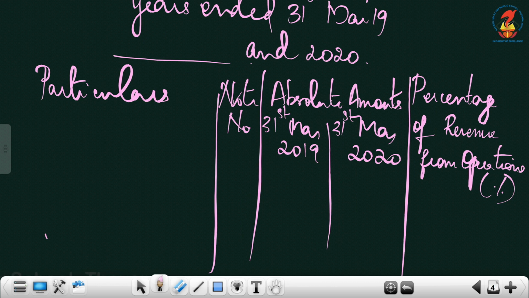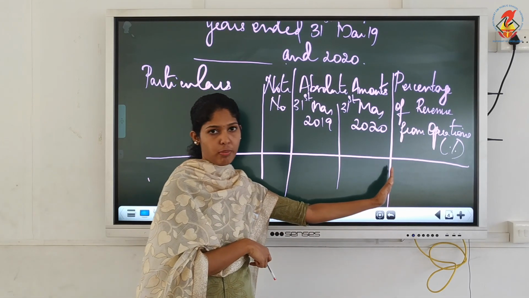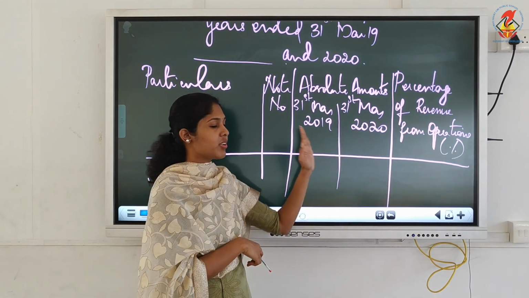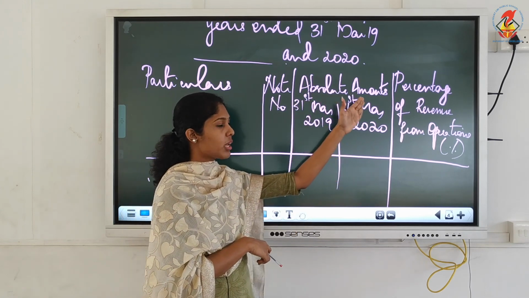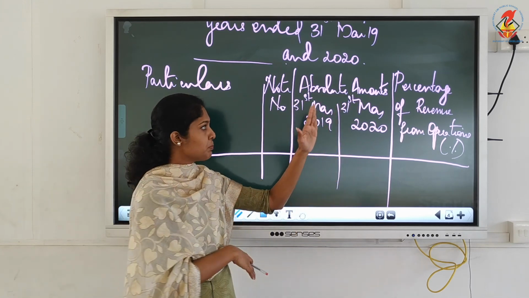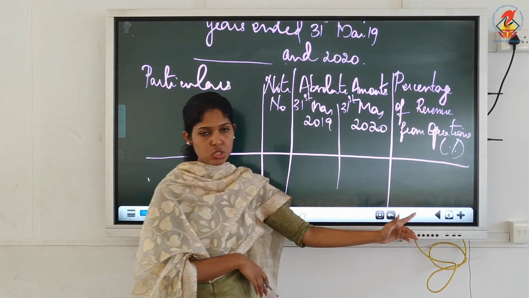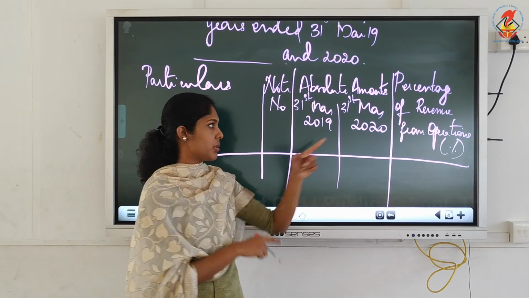This is the column you have to add, because up to this you have the figures in the question. So only one column you need to add for common size statements.